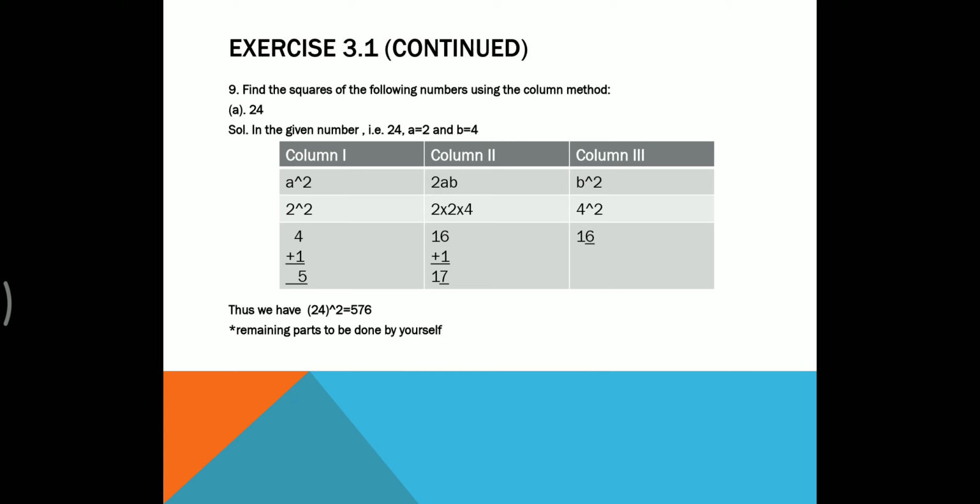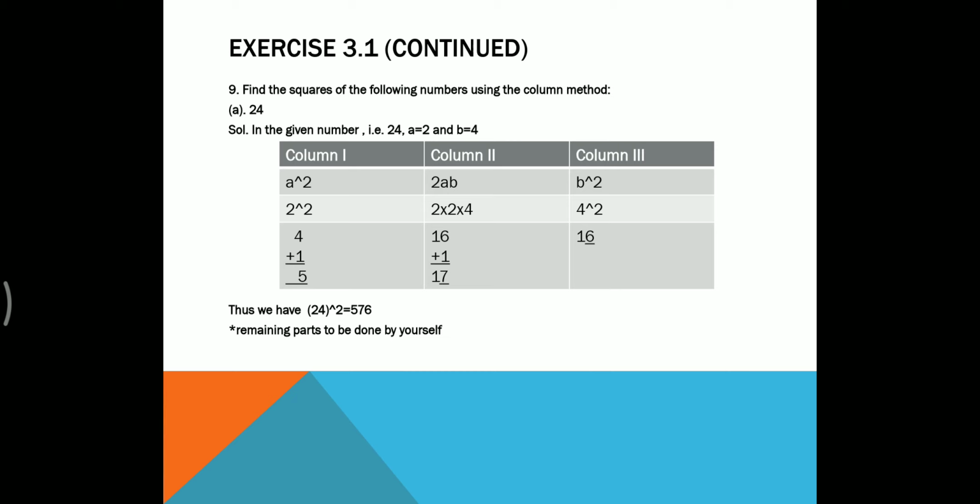Now 2AB is 2 into 4. In column number third it is 4 square, that is 16. In column number second it is 2 into 4 into 2, which is 16, that is 4 2s are 8, 8 2s are 16. Now in column number first it is 2 square, that is 2 2s are 4.